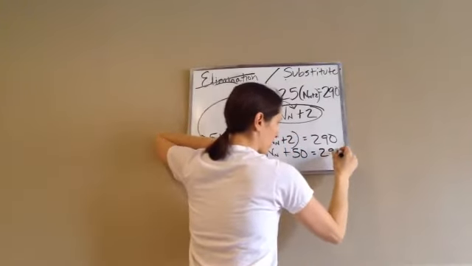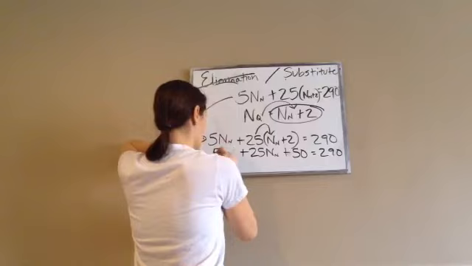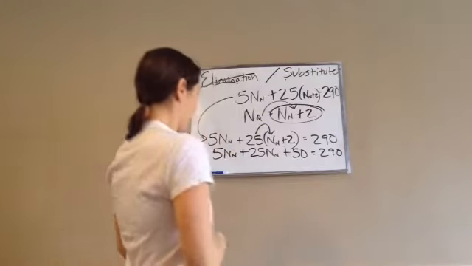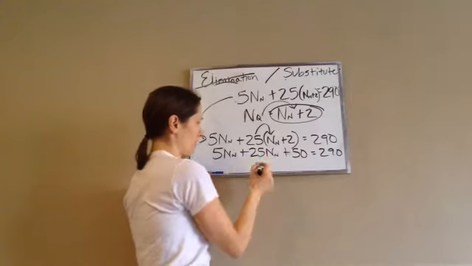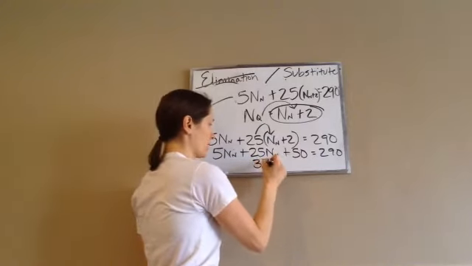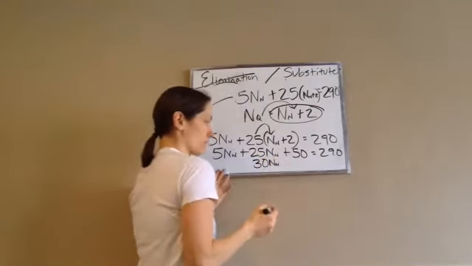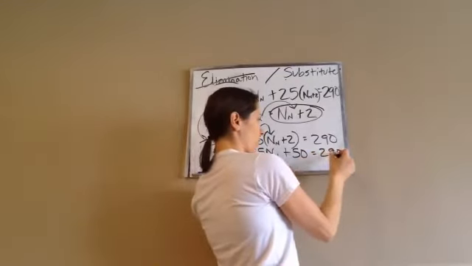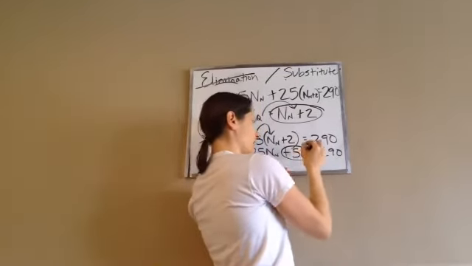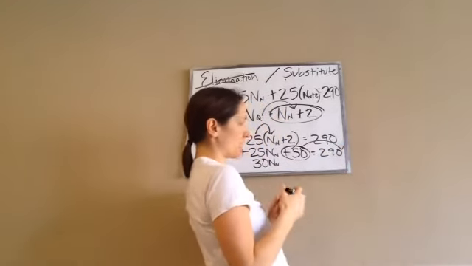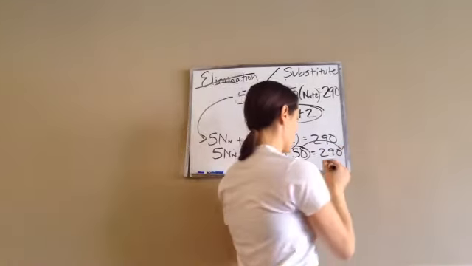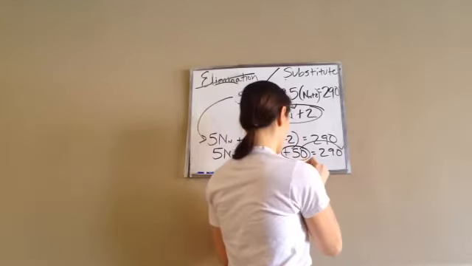And I'm going to bring everything else down. Alright, and now I'm going to add my like terms. 5n plus 25n becomes 30n. Okay? And then this is a number and a number, so I'm going to move this positive 50 over here, and it becomes minus 50. So it's going to become 240.